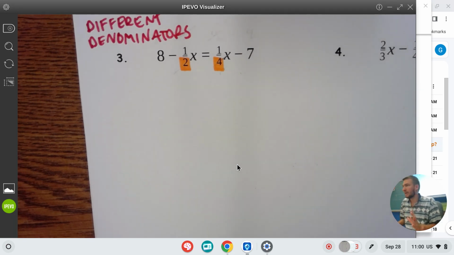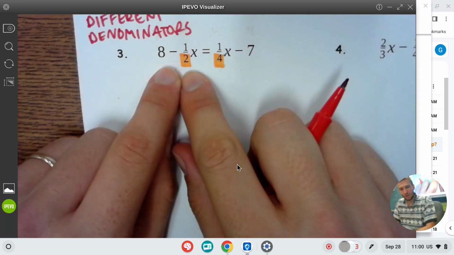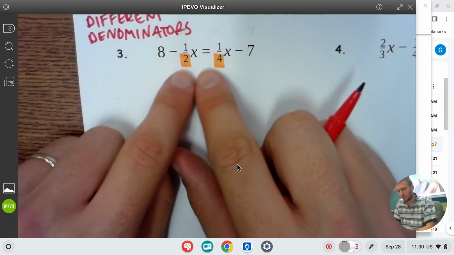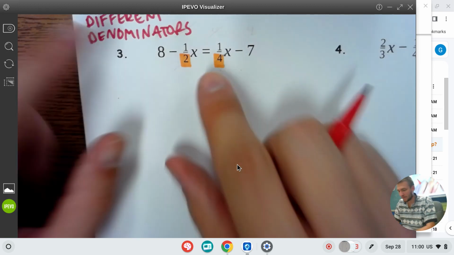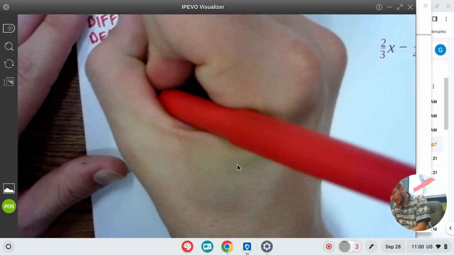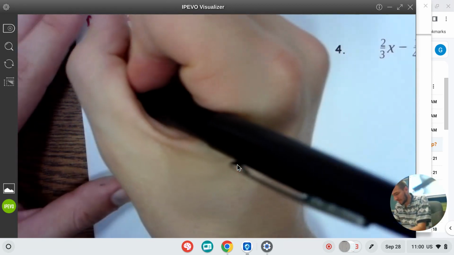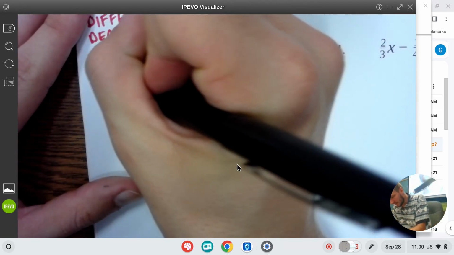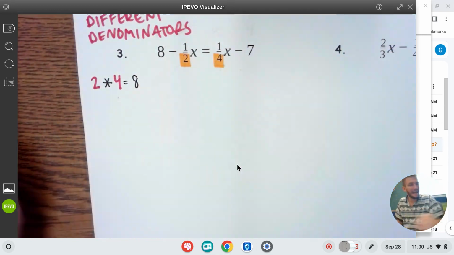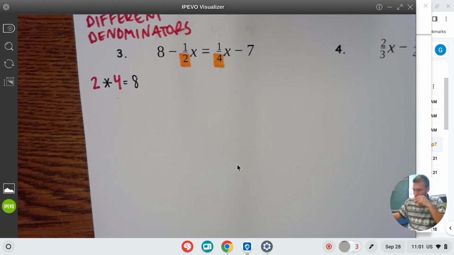Simple, you're going to multiply them together. Looking at the bottom, you've got a 2 and a 4. What are we going to do with the 2 and the 4? Multiply them together. What's 2 times 4? 8. So 8 is the number that we want.